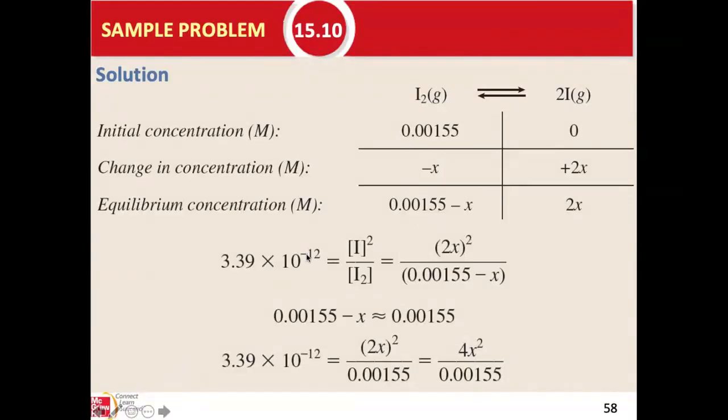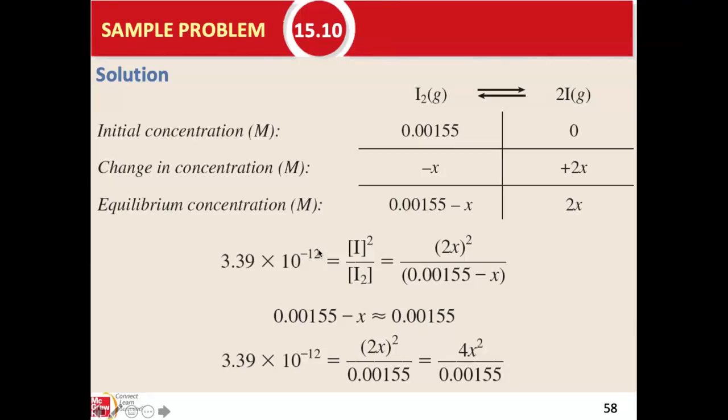So this is Kc, which is very small, and it's equal to 2x, the concentration of the iodine at equilibrium, which is 2x. You have to also raise it to the power of 2. And the concentration of I2 at equilibrium is this expression.